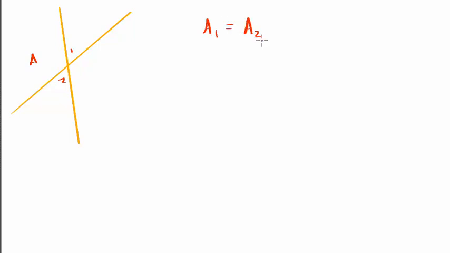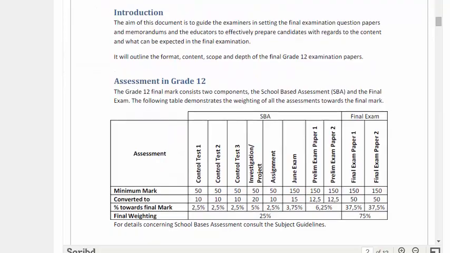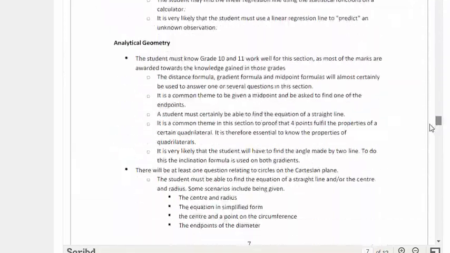Can you prove to me that angle A1 is equal to angle A2? Let me do this: A2, 3, 4. Let me just get the right wording here. It's not opposite angles.